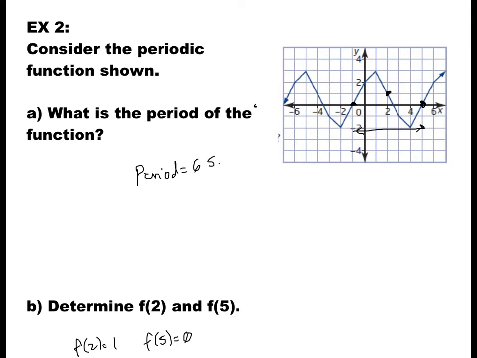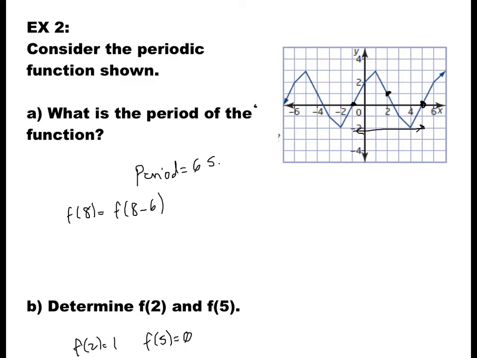To do that, I'm going to use the following fact. For instance, for f of 8, I know that f of 8 is the same as f of 8 minus the period. Remember, whatever the y value is going to repeat itself every period, which is 6 seconds.